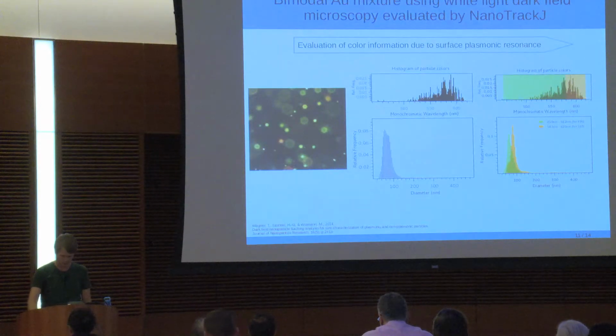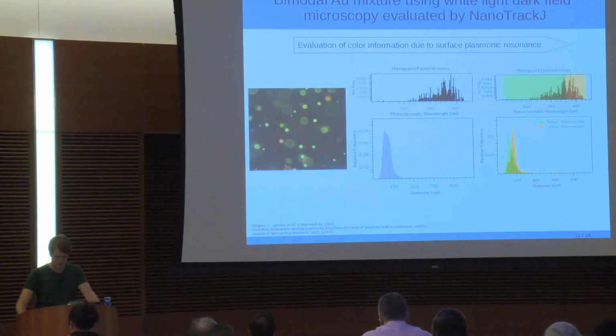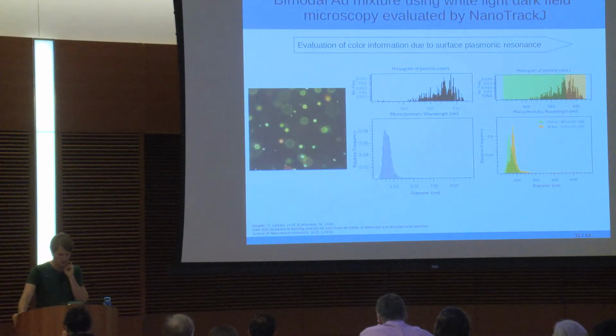An important setup characteristic of the dark field device is that it uses white light to illuminate the sample, and this results in colorful image data for the mixed gold nanoparticle sample due to the so-called surface plasmon resonance. The difference in color could reflect a difference in size, and because the size distribution in the middle figure shows a small shoulder, this suggests that there are two nanoparticle populations.